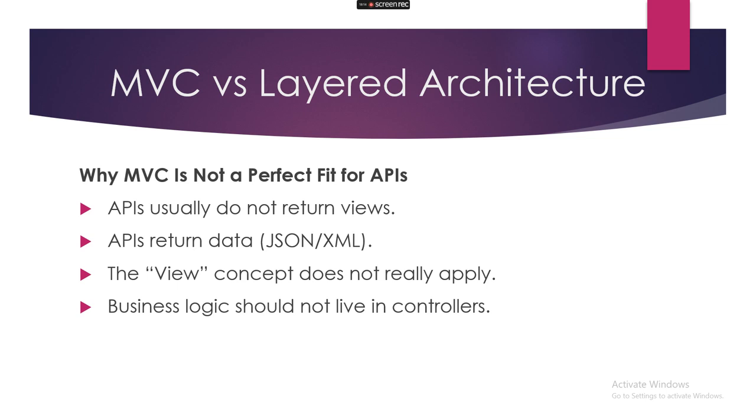But why MVC is not a perfect fit to describe an API is that APIs usually do not return the view, and that's one of the main reasons, right? APIs return data in JSON and XML, and the view concept does not really apply here. Business logic should not live in a controller again, because the closest you get is the controller that returns data.